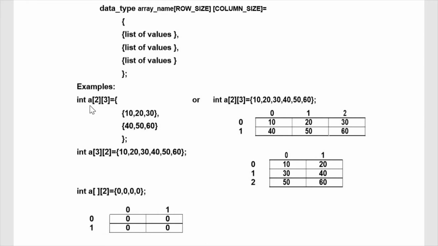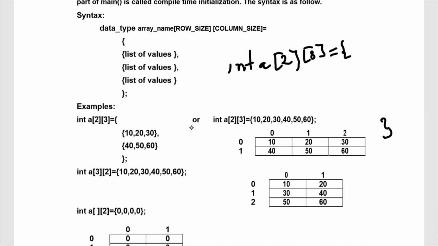For example, here an integer type of array A is there, which has 2 rows and 3 columns. So how do I initialize? I write it in curly braces. So inside the curly brace, how many rows are there?